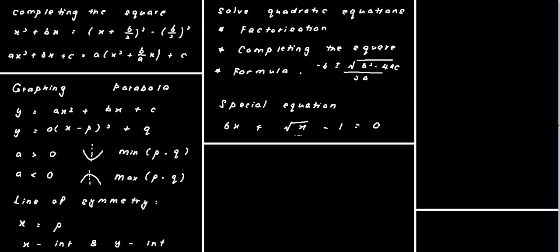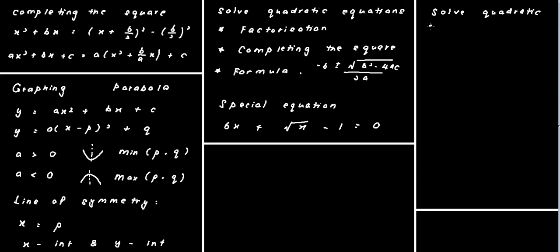You need to let y equals square root of x, then solve y squared plus y minus 1 equals 0 as a normal quadratic equation, then substitute back y equals square root of x to get your answer. This also applies to trigonometry equations, or questions where you have x to the power of 4 and x to the power of 2. Okay, the next thing after quadratic equations is how to solve quadratic inequalities.